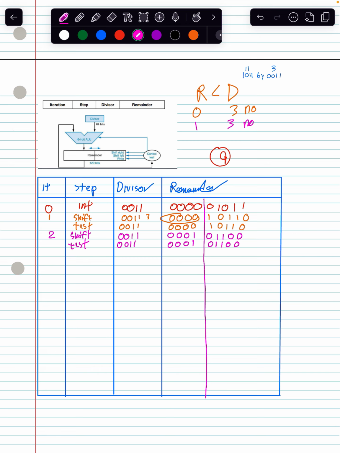Then to the next iteration, we're going to shift it down again. Okay, so then is 2 bigger than 3? No, it's not. So once again, we're not going to do anything. This is the test phase. We're not going to do anything.